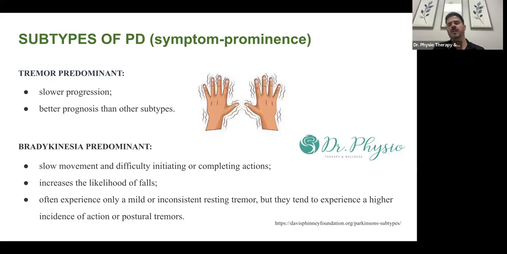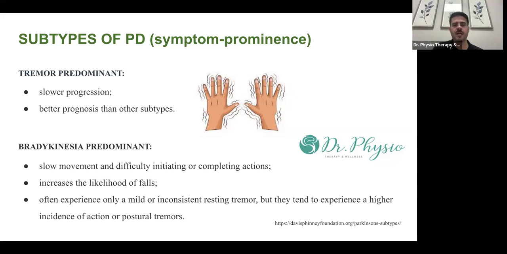So if your Parkinson's is more tremor predominant, this kind of Parkinson's has a slower progression, okay, and a better prognosis than other types. So if your Parkinson's starts with more tremors, the disease will impact the quality of life later. So you have a little bit better prognosis, less progression, okay?